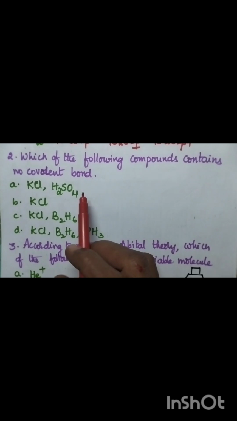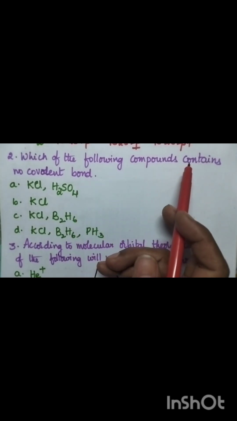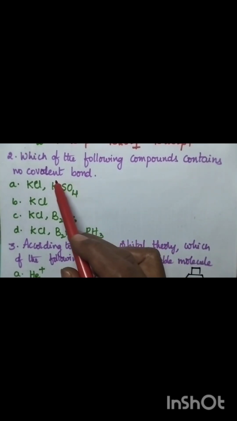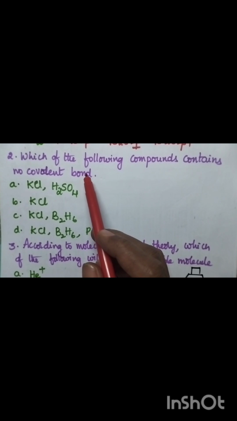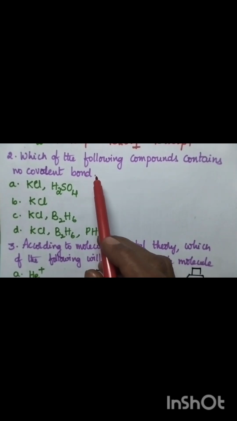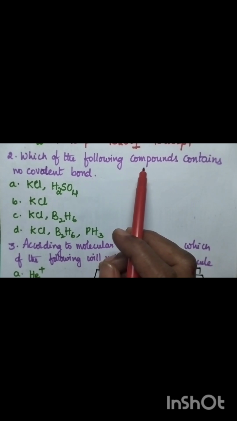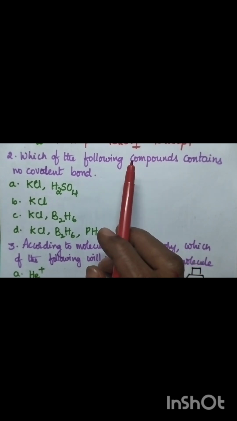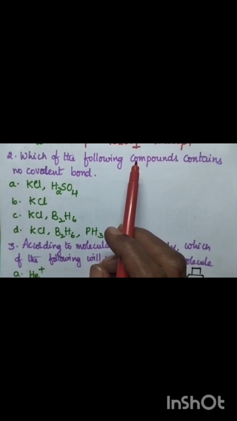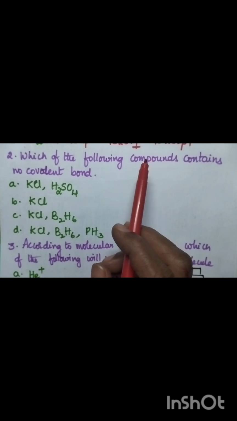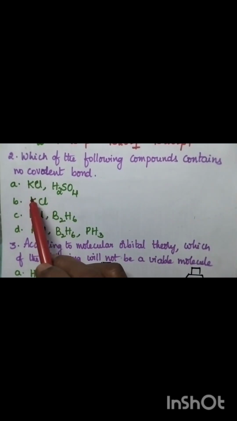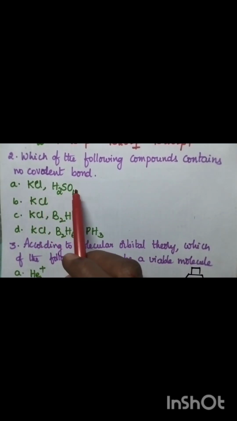Coming to the second question, which of the following compounds contain no covalent bond? In general, a covalent bond is formed between two nonmetals, whereas an ionic bond is formed between a metal and a non-metal. So let us see the options. Option A, potassium chloride, sulfuric acid.